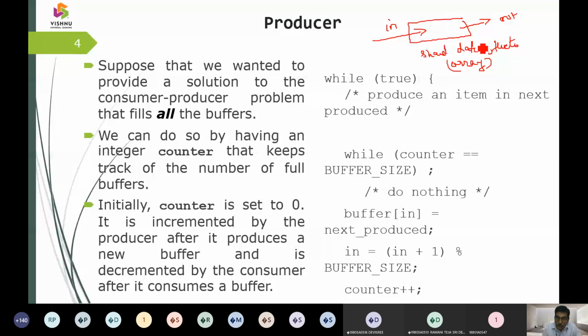This side we call the producer, and this side we call the consumer. A producer is a process, and a consumer is also a process. One thread does an input operation, another thread does an output operation, and both of them do it concurrently and in parallel.